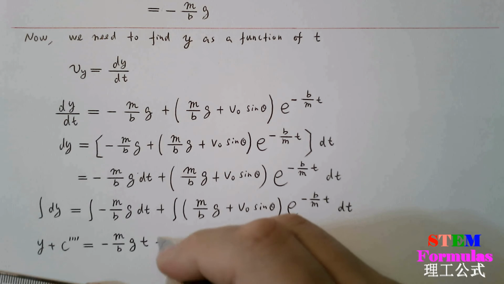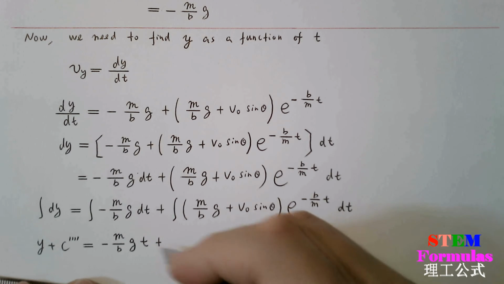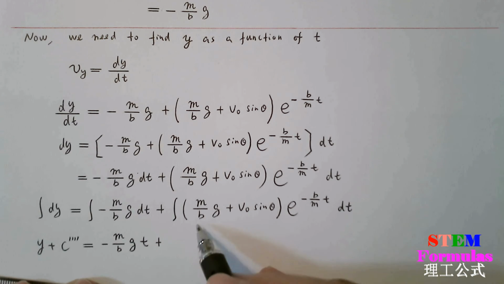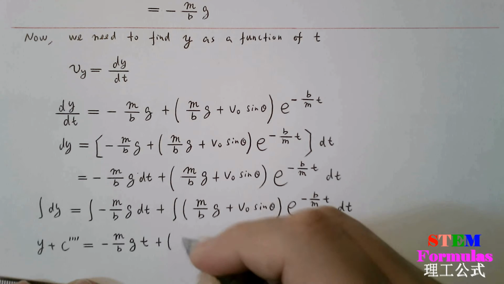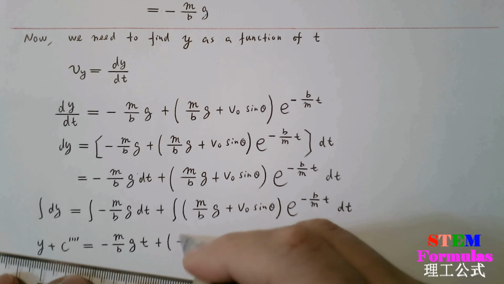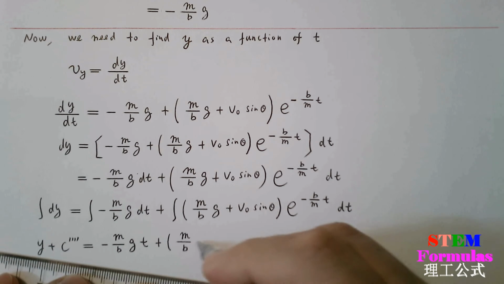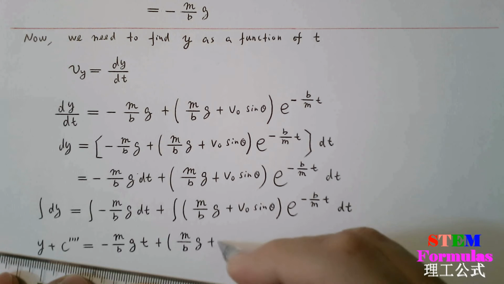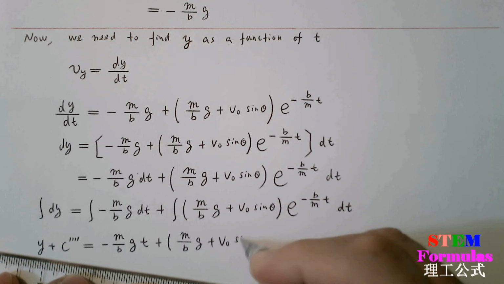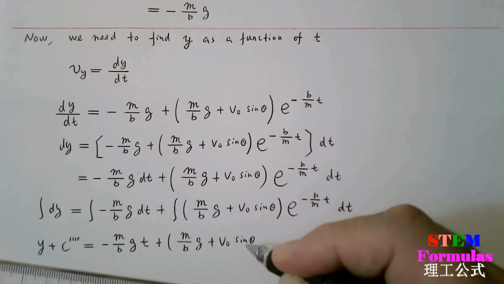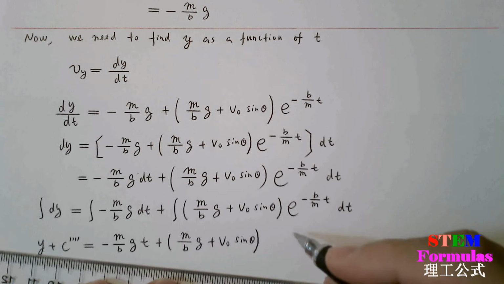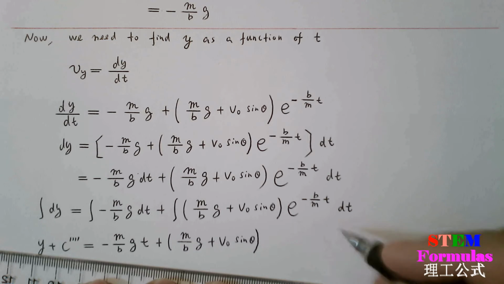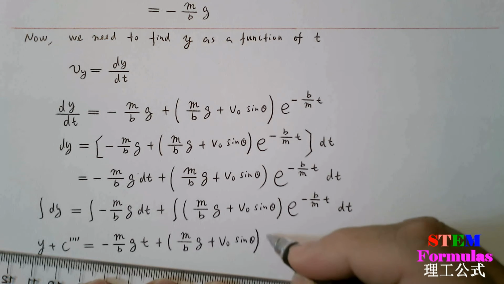Then plus here. This term is constant, I take it out. Here's m b g plus v0 sine theta bracket. Now integral this term.